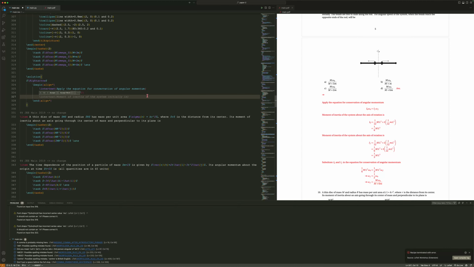Initially it has the moment of inertia of the rod, which will be ml square upon 12, and then omega naught. Yes, omega naught. Let's see what Copilot has. ml square 12 plus 2m ml square.